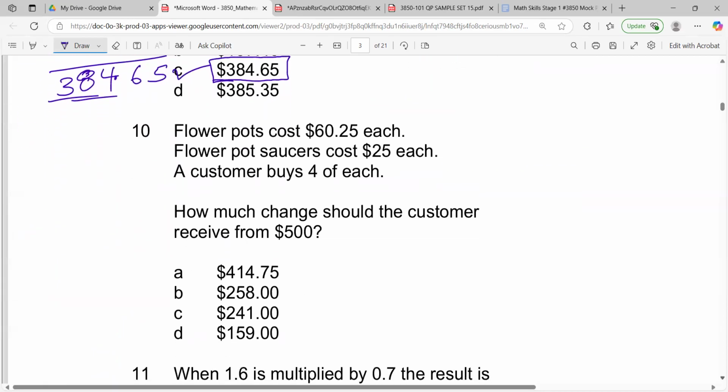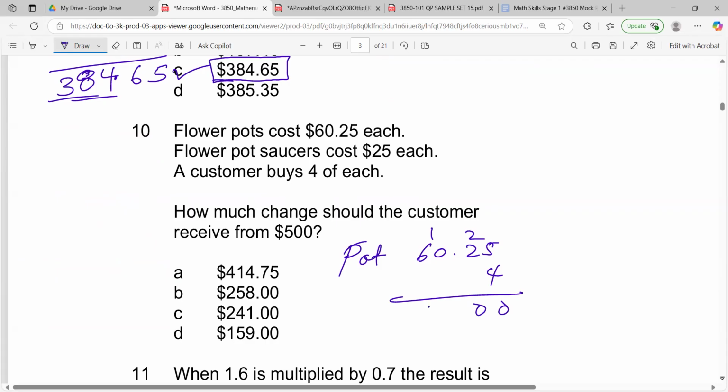All right, the flower pot costs $60.25 each. The flower pot saucer costs $25 each. A customer buys 4 of each. So let's work out the flower pot first. We have 60.25 times 4. 4 times 5 is 20. 4 times 2 is 8, and that's 10.